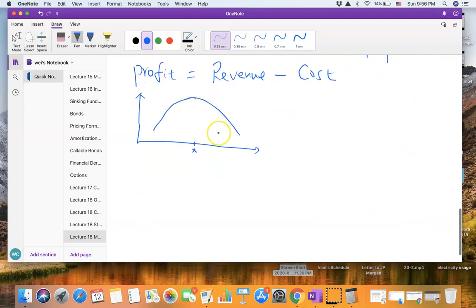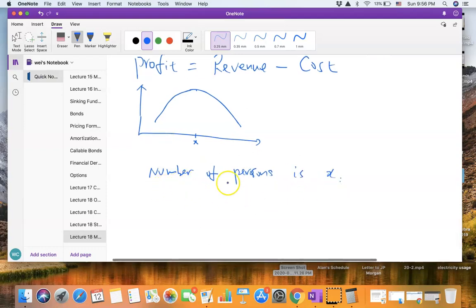So if there are x persons, then the cost is going to be 500, which is the fixed cost, plus $5 times x.